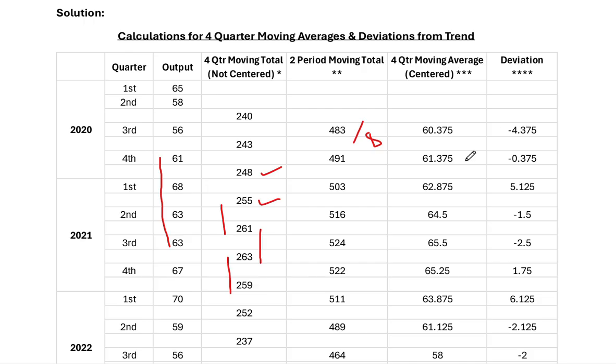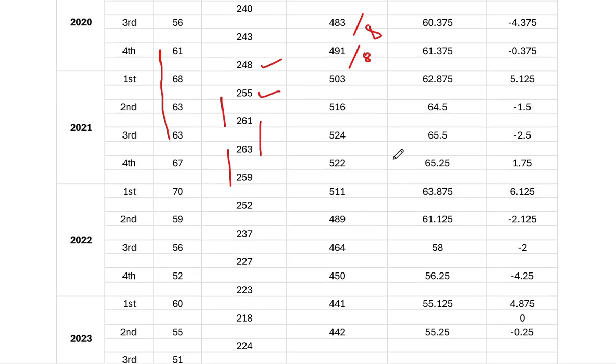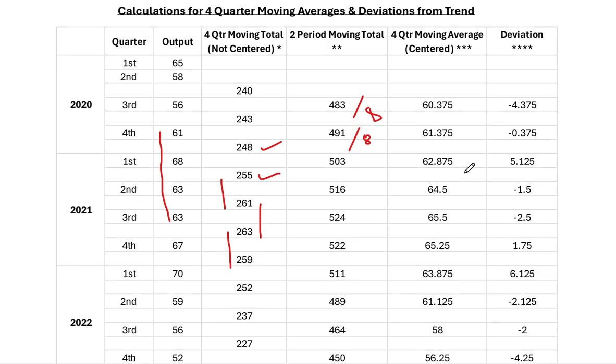So our answer will be 60.375. Next, 491 divided by 8. So output will be 61.375. In this manner, we will calculate for each quarter by dividing by 8.